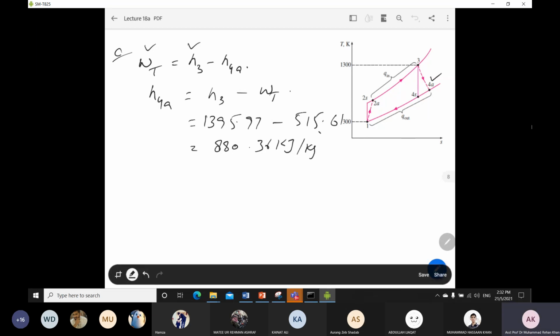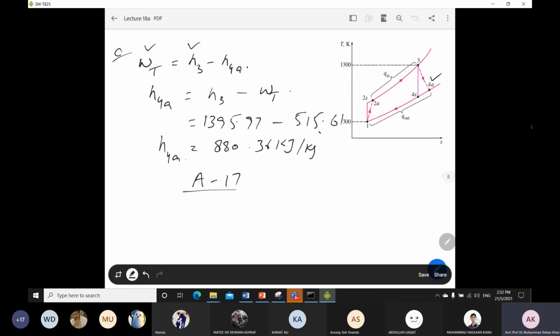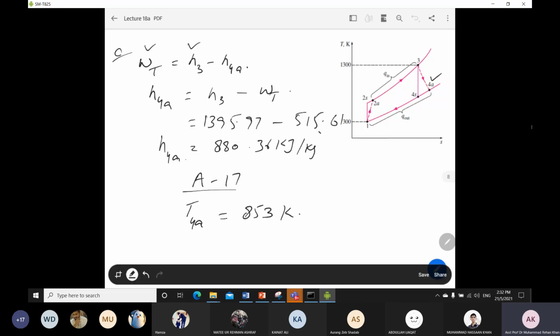Now, using this H4A, you have to go to table A-17, and by interpolation against this value of H4A, you can easily find the value of T4A, which is equal to 853 Kelvin. This comes from the interpolation. If you have any question, you can ask me, and then we will move towards the next question.